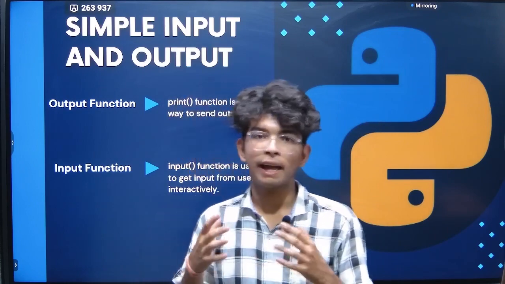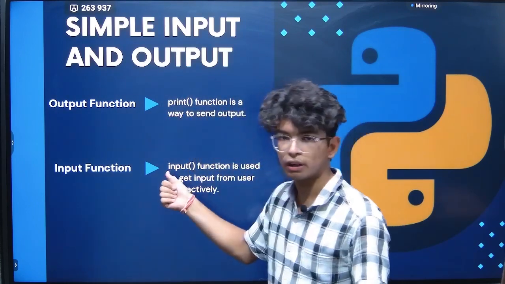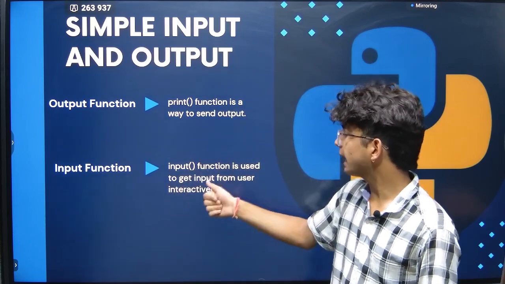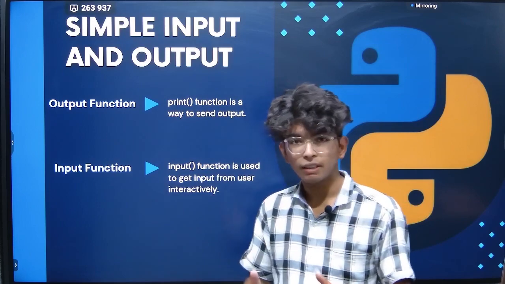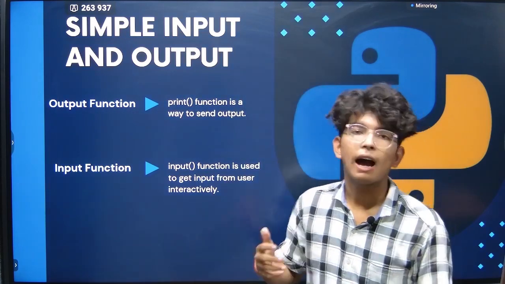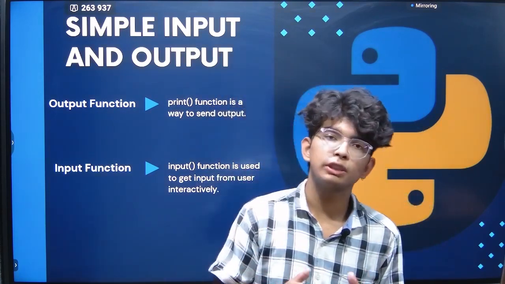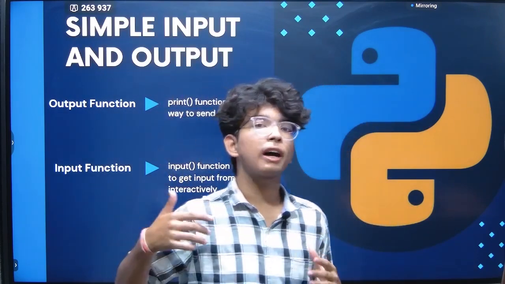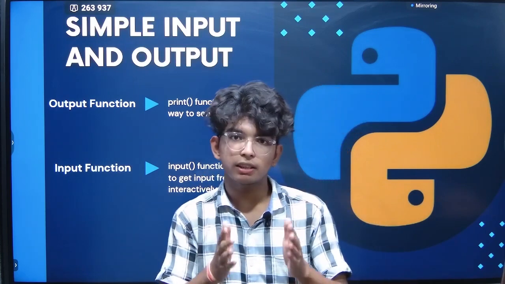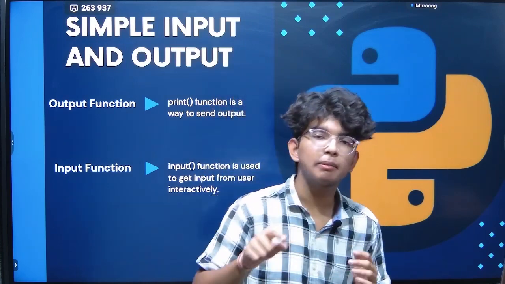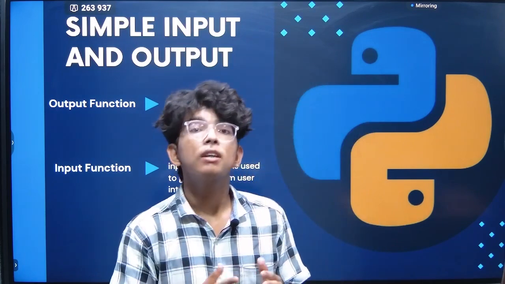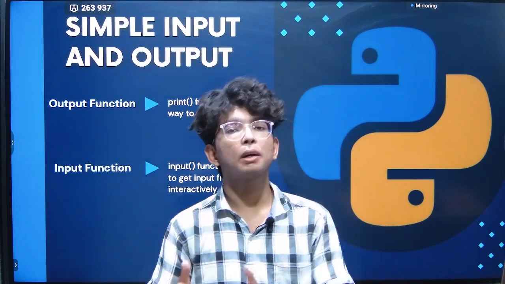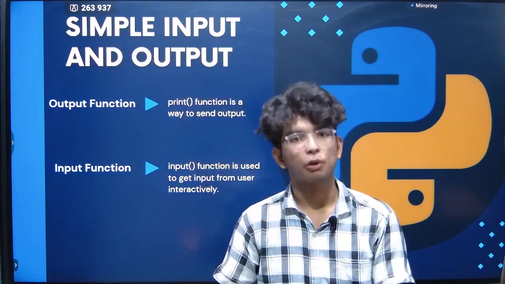Just like that, we have an input function. The word input with parentheses is a function which is used to get input from the user interactively. By user interactively, I mean that when we use Instagram and we are signing in, we have to input our name, then password. Touching the username box, then typing our name, is what we call user interactive, as we are the user and we are interacting with the program to get the desired output.